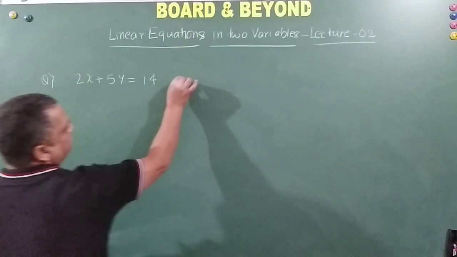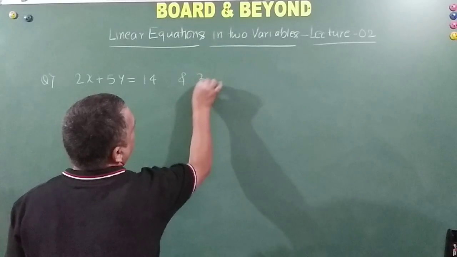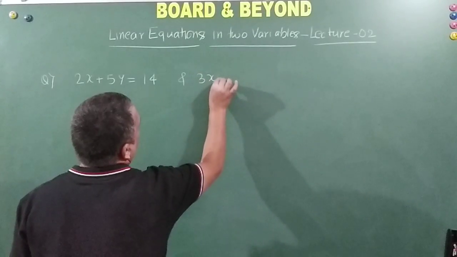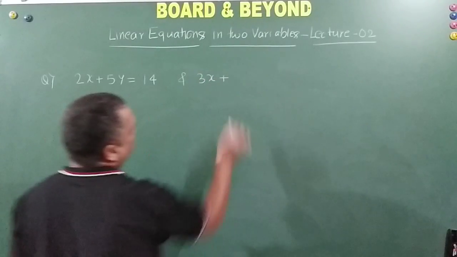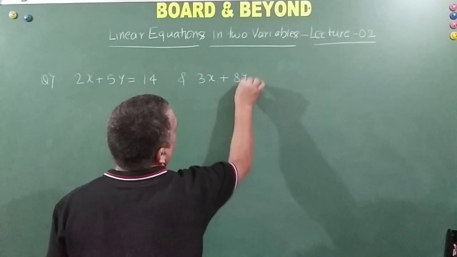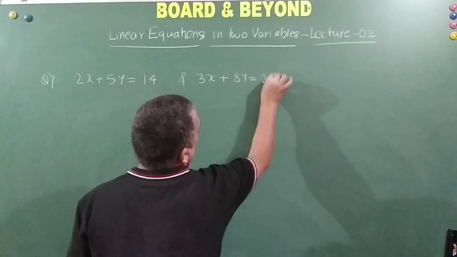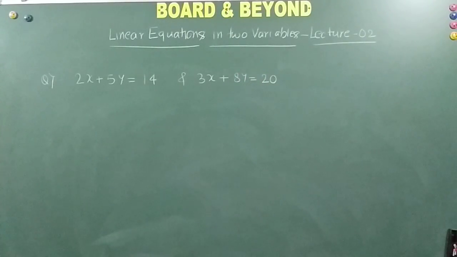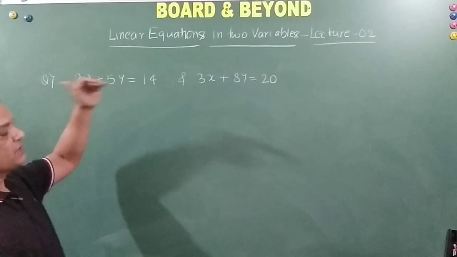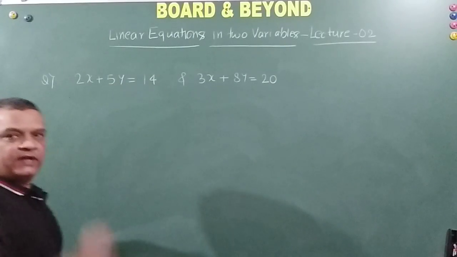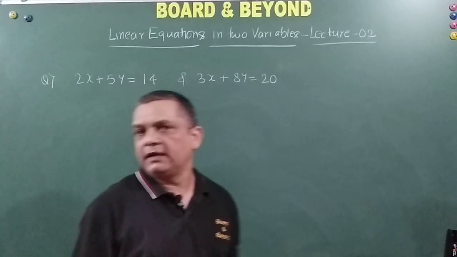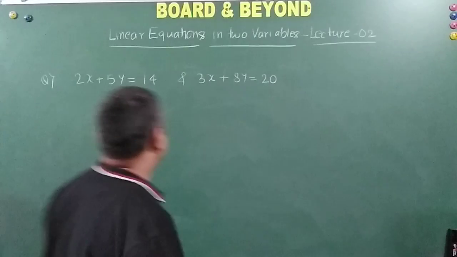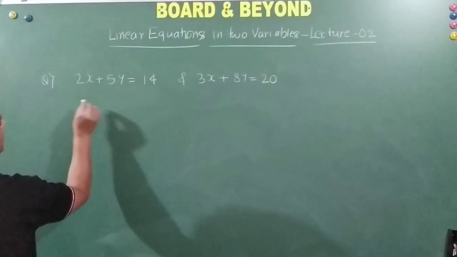And let us say 3x plus 8y is equal to 20. So these are the two simultaneous linear equations which have been given to us, and we are expected to find the value of x and y through the substitution method, right? So let's try to find out.